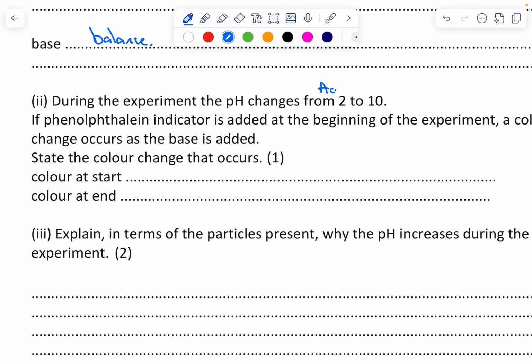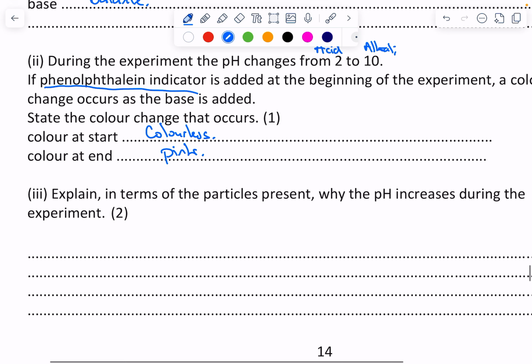Number 2 is acidic, and 10 is in the alkali region on the pH scale, and they're using phenolphthalein indicator. So remember phenolphthalein. When it is in acidic conditions at the beginning, phenolphthalein is colorless, and when it goes into alkali conditions, it then becomes a pink color.